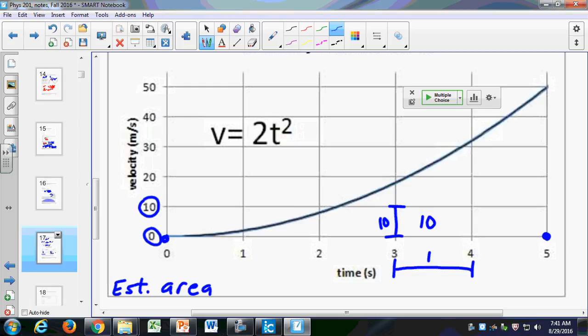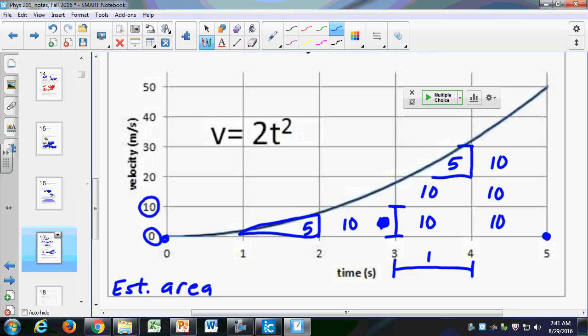So I can have 10 there, I can have 10 here, 10 here. All of these whole blocks are 10. I'll call this 10. Let me get rid of that so it doesn't confuse us. What about this block right here? Roughly, what is it? It's about a half a block. We're just estimating, so we'll call that 5. And how about this block right here? We'll call it 5 too, right?